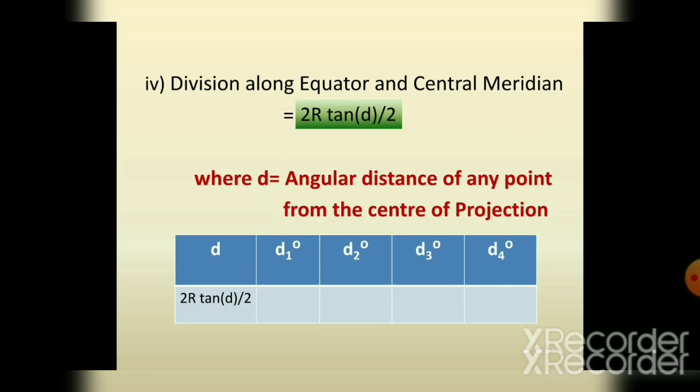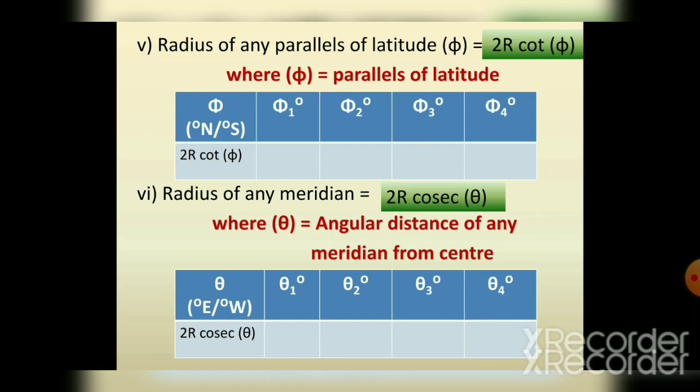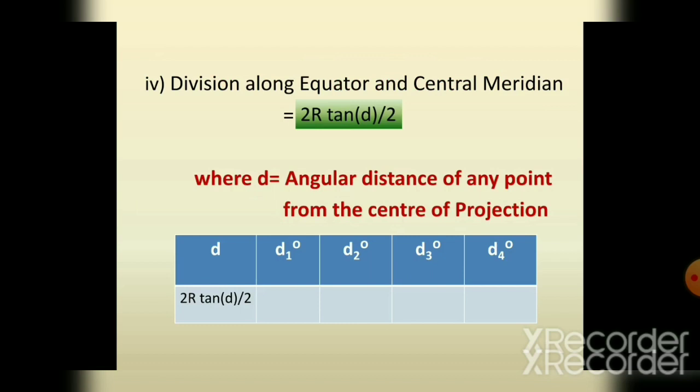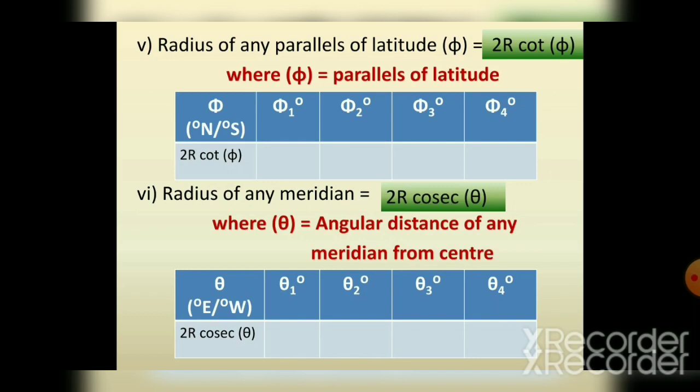Okay, after completing this point, you have to calculate the radius of any parallel of latitude by the formula 2R cot phi. It should have a unit of measurement, like the previous one, the division along the equator or central meridian, which may be in inches or centimeters. Similarly, the radius of parallels of latitude as well as the radius of meridians will have the unit of measurement in centimeters or inches.